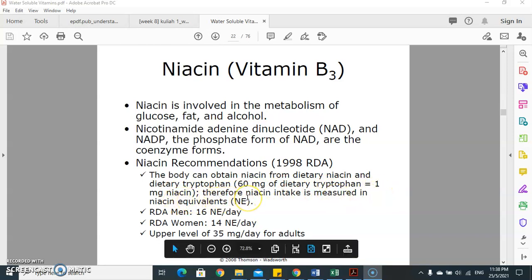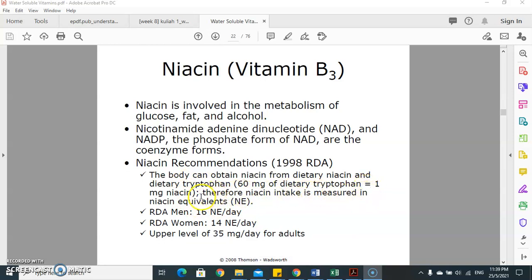So, if you happen to have low niacin but you have high tryptophan, the tryptophan can be converted to niacin. So 60 mg of dietary tryptophan can contribute to 1 mg of niacin. That is it.